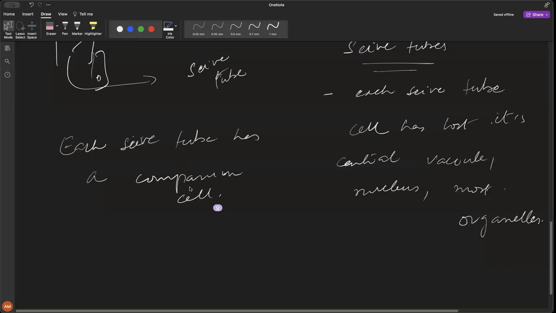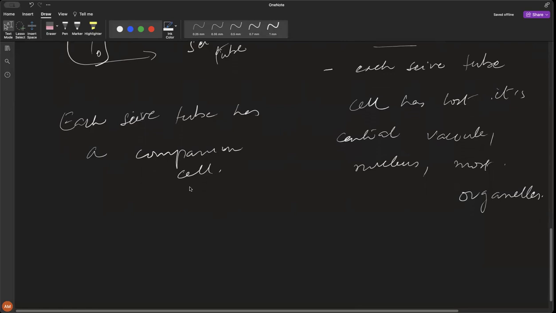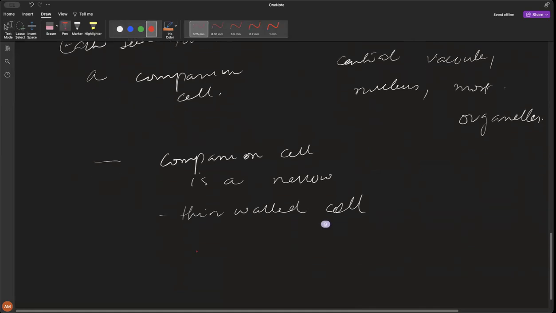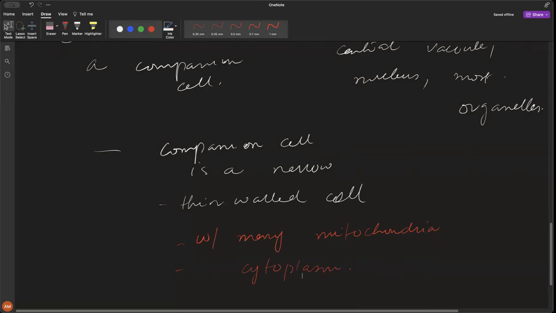We're discussing the function. So a companion cell is a narrow, thin-walled cell with, this is an important point, many mitochondria, cytoplasm, and nucleus.